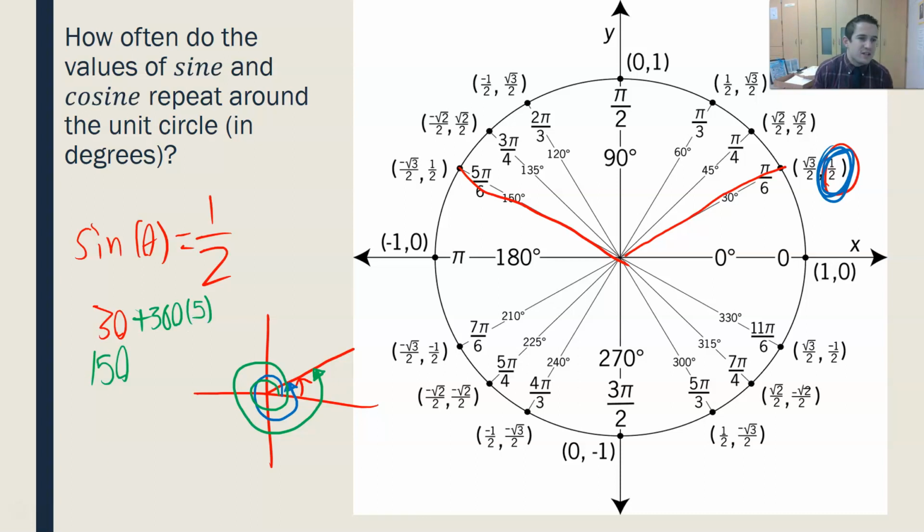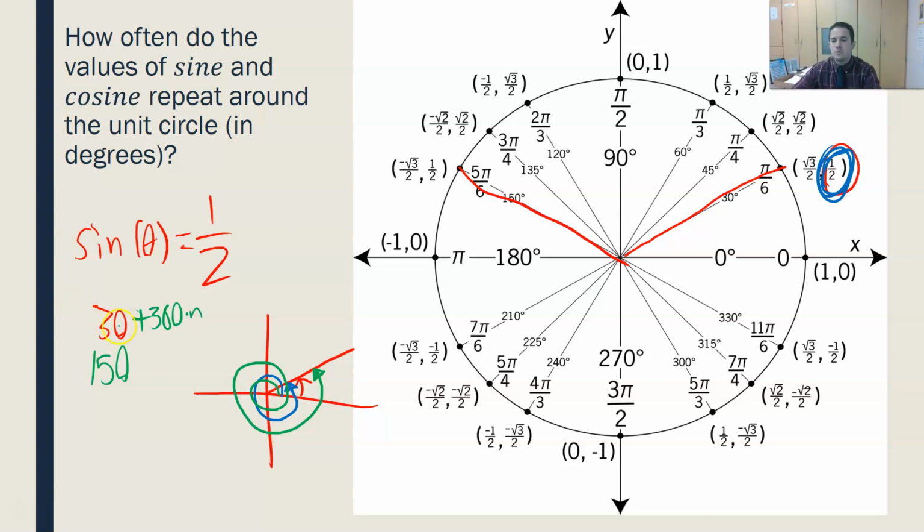I don't want to write out all those solutions. That would take me forever, because there are infinitely many of them. So instead of writing 30 plus 360 once, twice, 3 times, a million times, I'm going to write 30 plus 360 times n. I'm just going to use the letter n to say I'm going to go 360 degrees around the circle as many times as I need to.